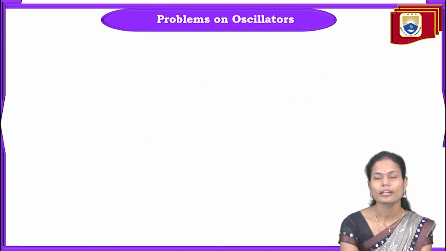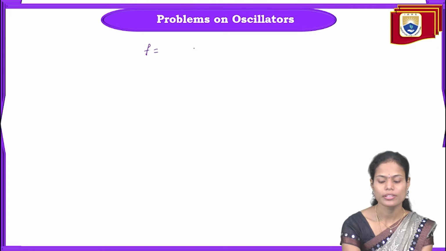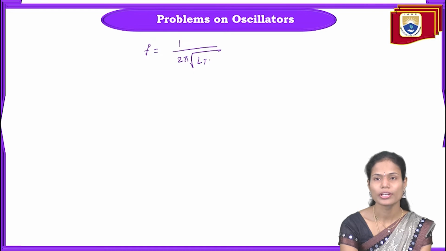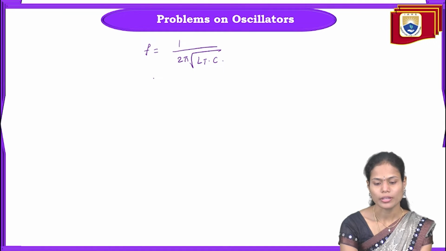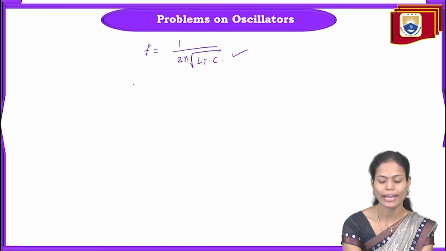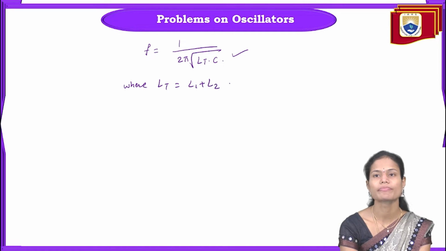So in the case of a Hartley oscillator, the frequency of oscillation formula is 1 by 2 pi under root of L total into capacitance. To find this value we have to calculate first the total inductance, where L total is equal to the sum of L1 plus L2.